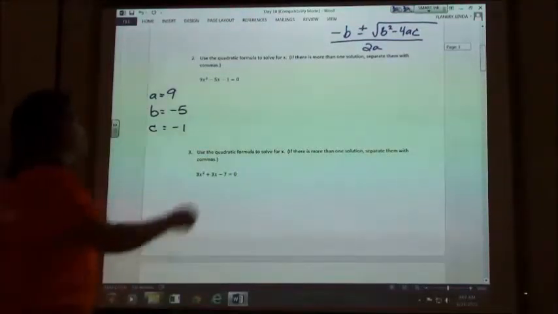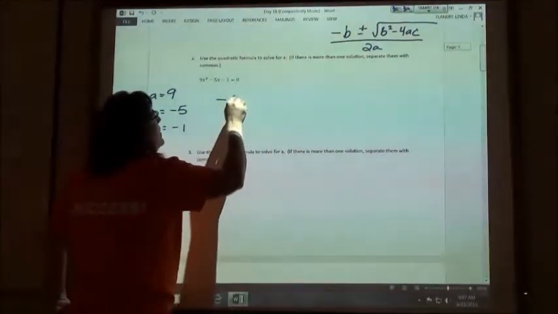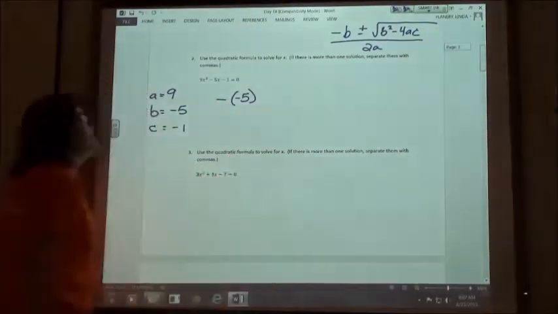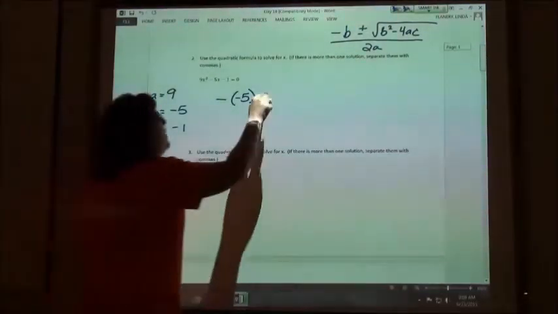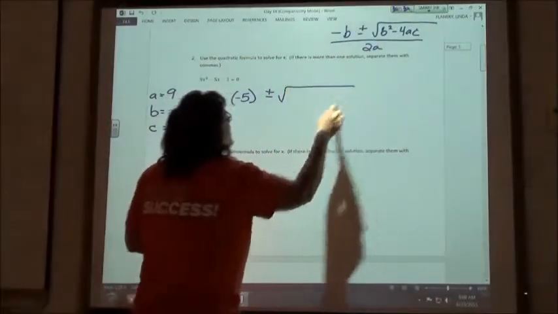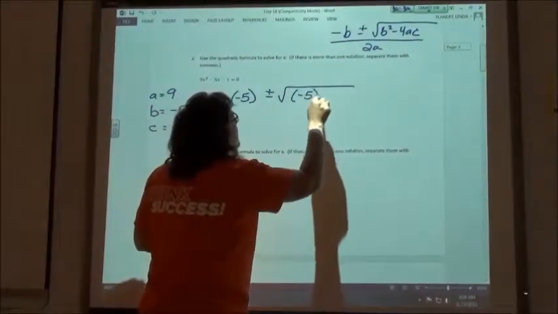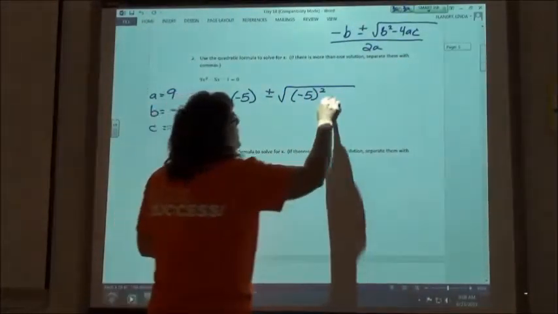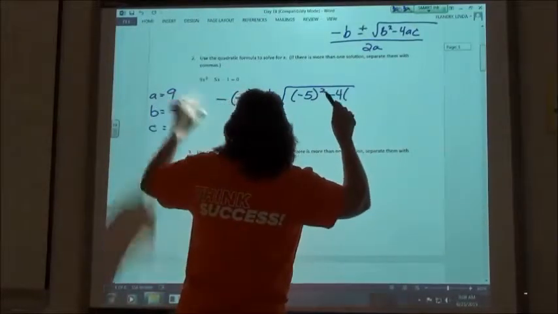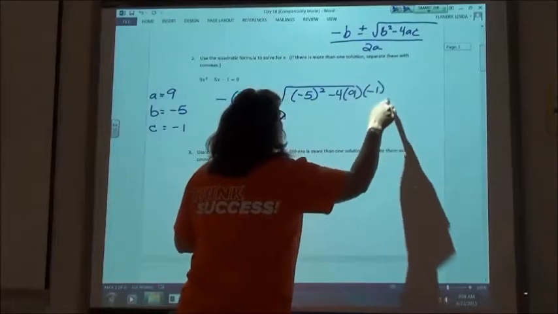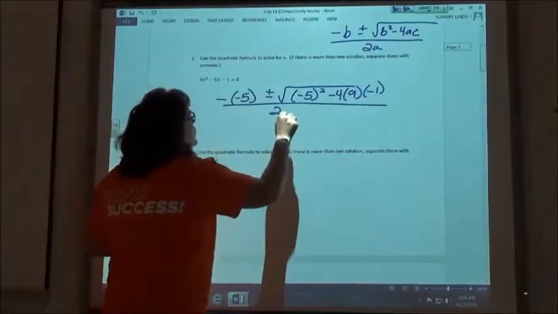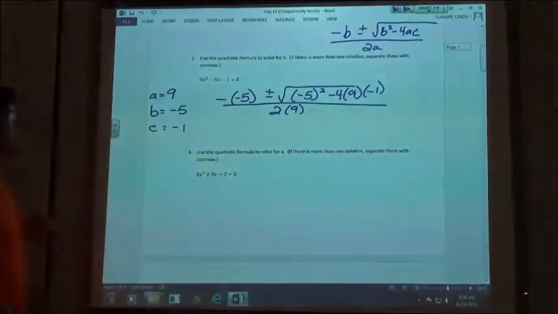So plugging that in, I'm going to have minus from the formula, and in my parentheses, negative 5. Minus a negative 5, which we'll simplify in a minute, plus or minus the square root of negative 5 squared, minus 4 times the a value, which is 9, times the c value, which is negative 1, all over 2 times the a value of 9.